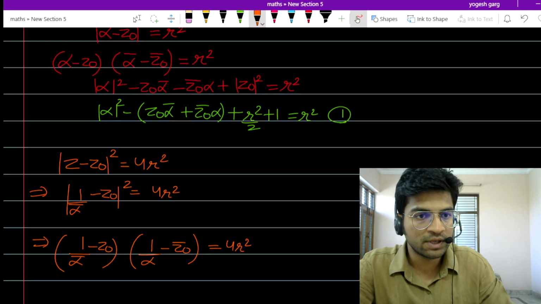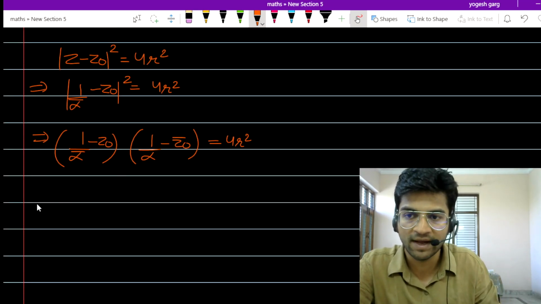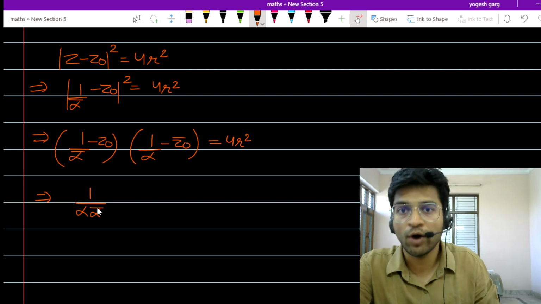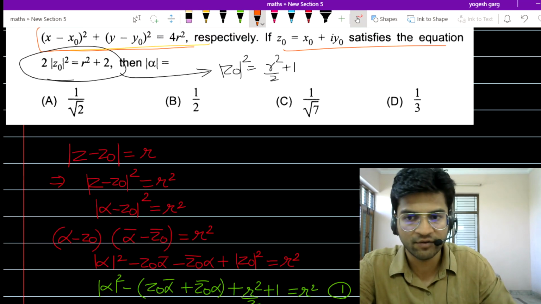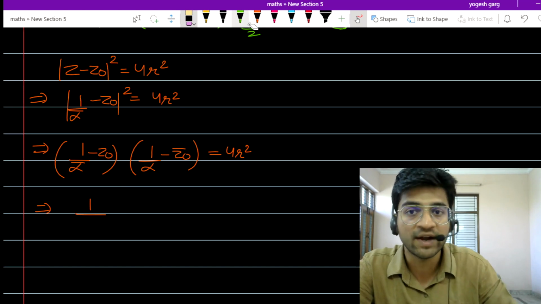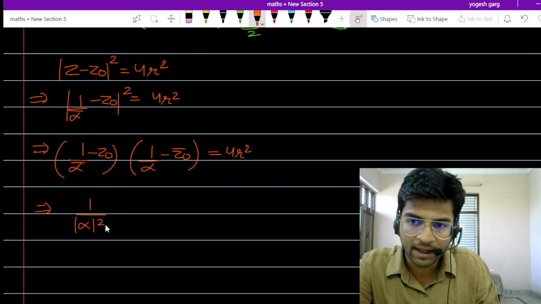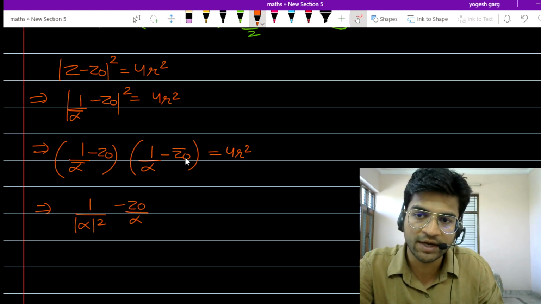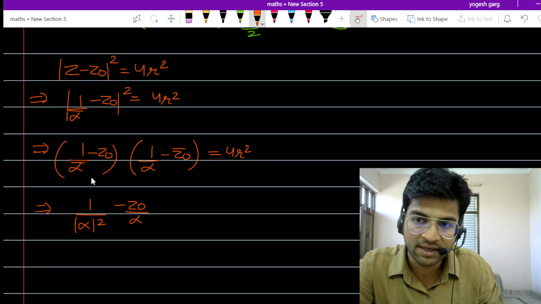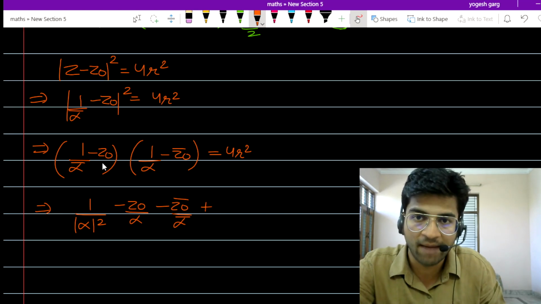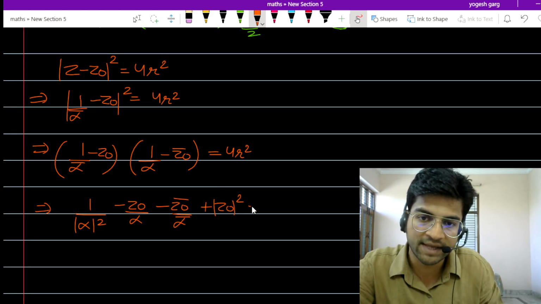Now what we can do, just multiply this 1 by alpha conjugate into 1 by alpha. It is 1 by alpha into alpha conjugate, which is 1 by mod alpha square, right? So we can write it directly over here. It is 1 by mod alpha square, minus z naught by alpha, 1 by alpha conjugate into minus z naught conjugate, it is minus z naught conjugate by alpha conjugate, fine, plus z naught into z naught conjugate, which is mod z naught square, is equal to 4r square.